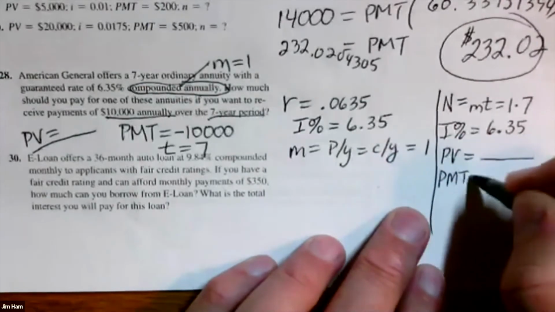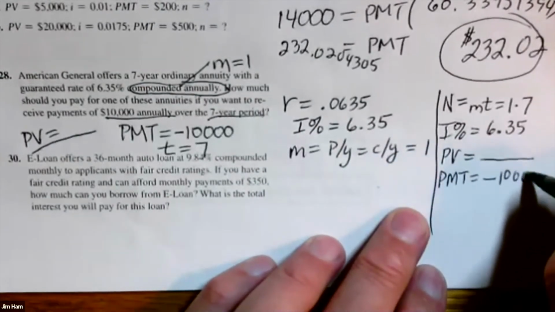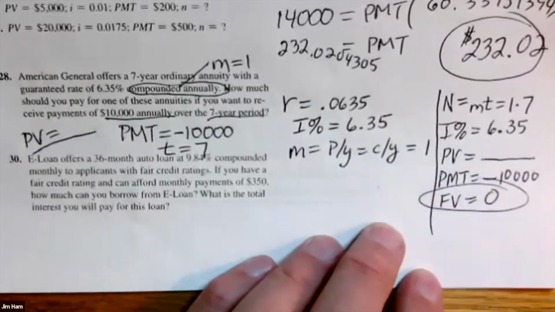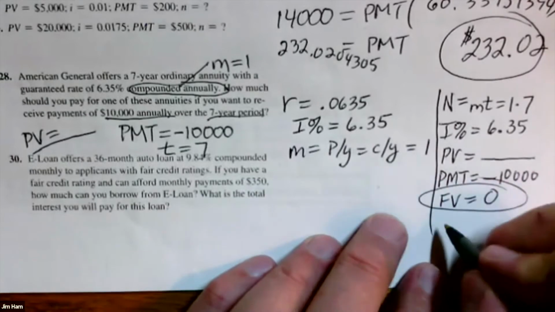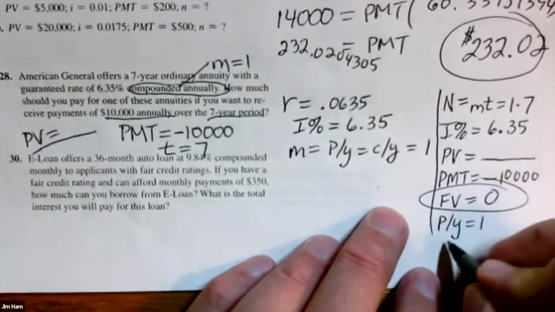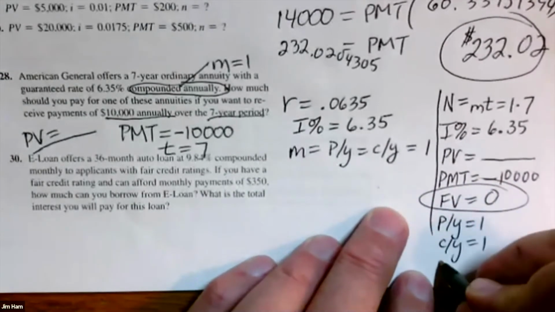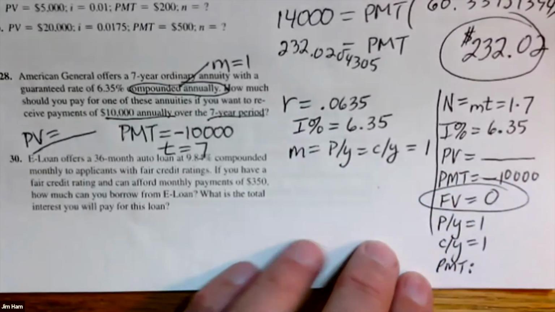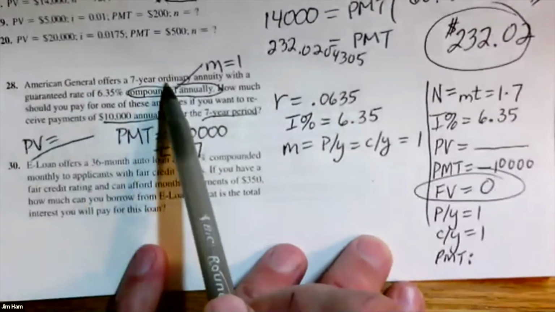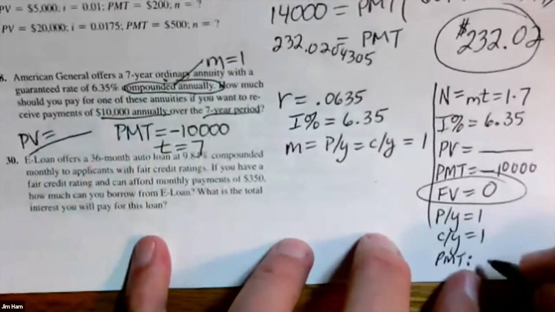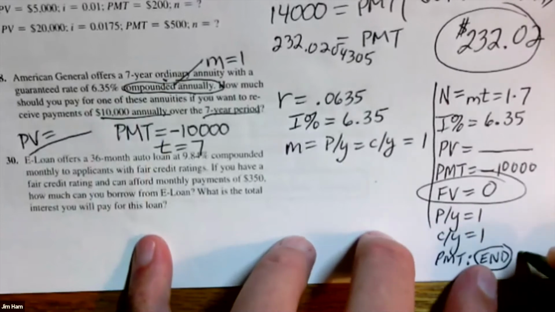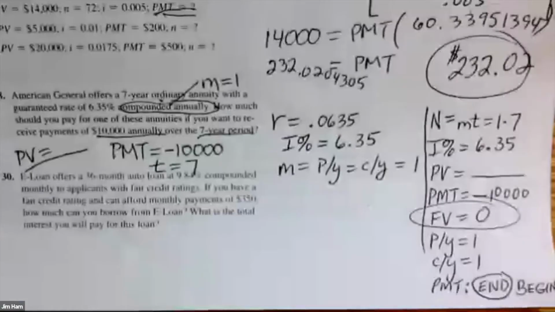The payment is negative 10,000. And the future value for these problems will always be 0. And the payments per year is equal to the compounding periods per year, which is equal to 1. And because they told us this was an ordinary annuity, the interest is calculated at the end of the period, so you want to make sure that end is selected there.